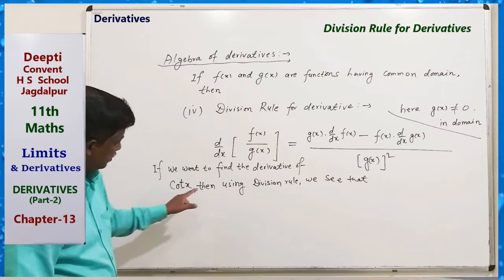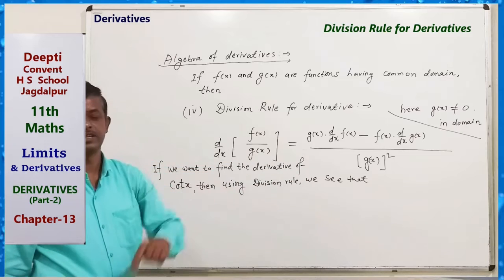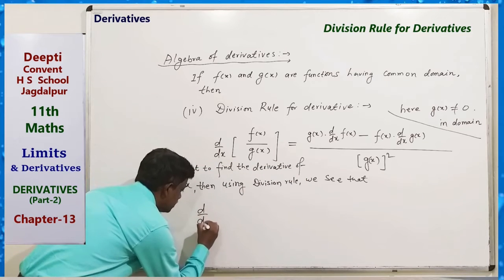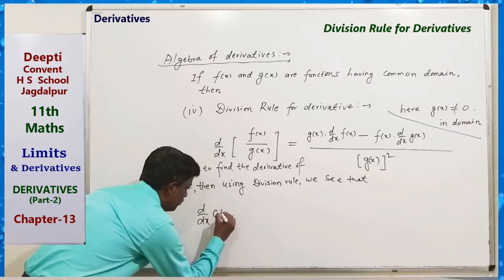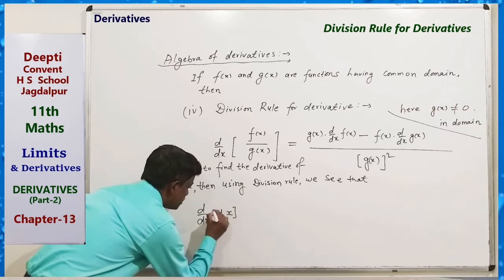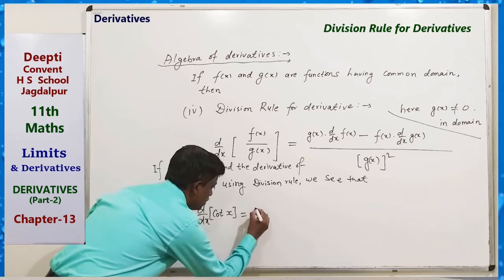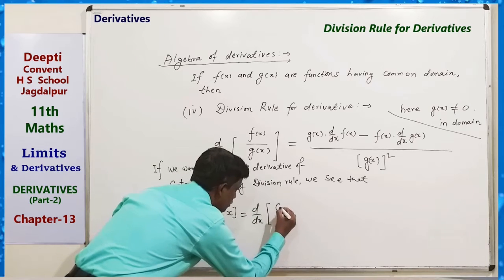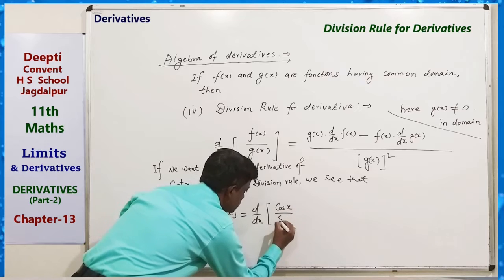Then using the division rule, d by dx of cot x is d by dx of cos x upon sin x.